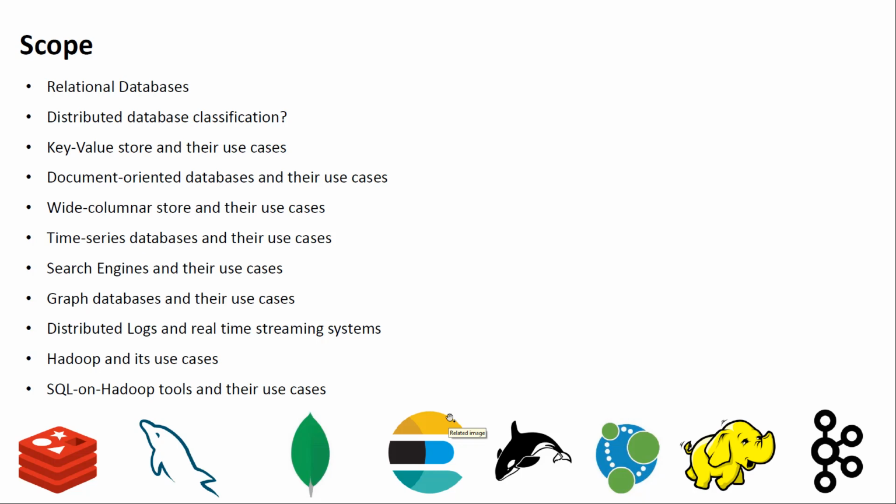From there onwards, we're going to look at a number of NoSQL database classes and their use cases. So we're talking key value stores, document-oriented databases, wide columnar databases, time series, search engine, graph stores, distributed commit logs, which are actually not really considered databases by the mainstream, but we'll take a look at that.